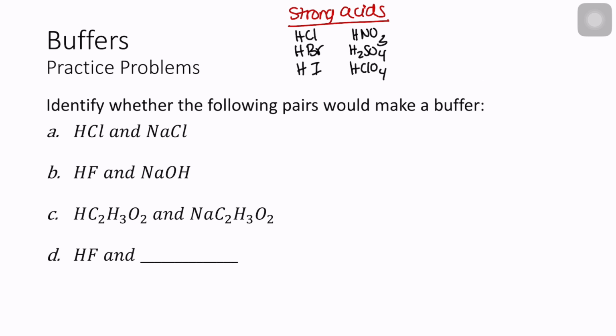If my acid is on this list, it cannot be a buffer because it's not a weak acid. It has to be a weak acid because you have to have it exist in equilibrium. If it doesn't exist in equilibrium, then it's not going to neutralize the acid and base that get added to the buffer system. So this first example has HCl.